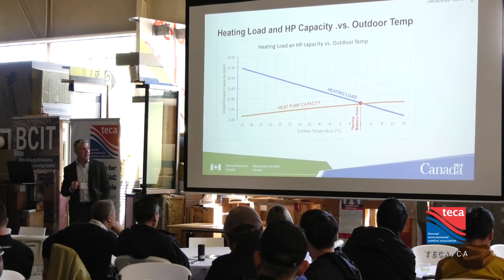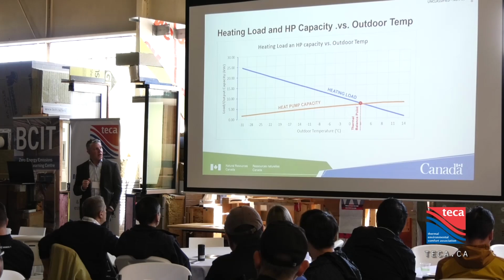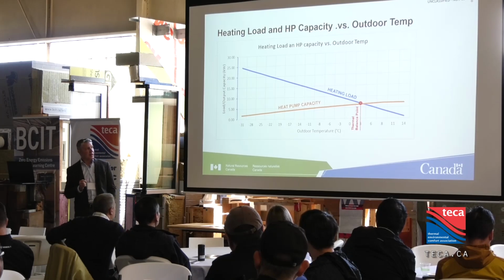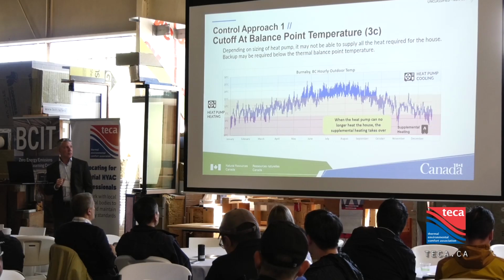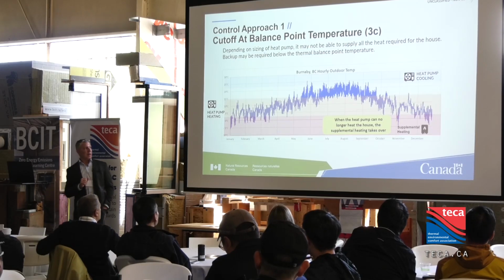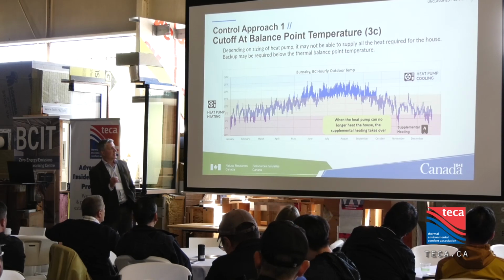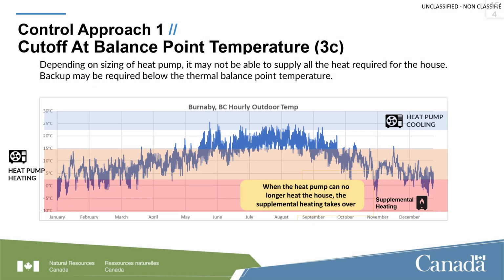So with this said, for a 2.5-ton system, our actual balance point cutoff temperature would be roughly 3 degrees Celsius for this area. This graph shows how much of the heat pump operation actually depends on the auxiliary or supplementary heat, which is the red here, and the full heat pump operation is in this orange here.